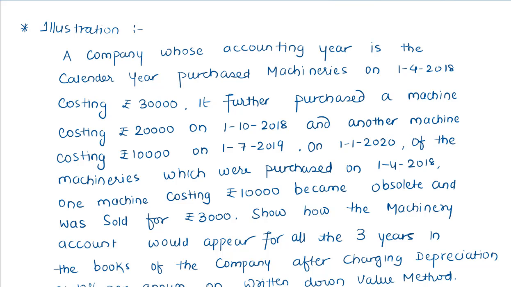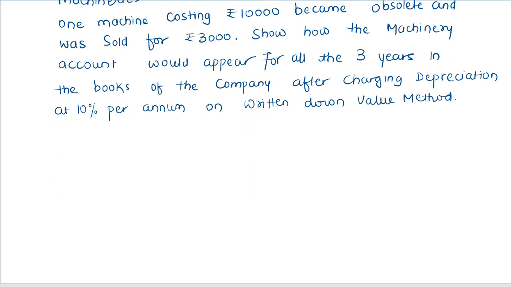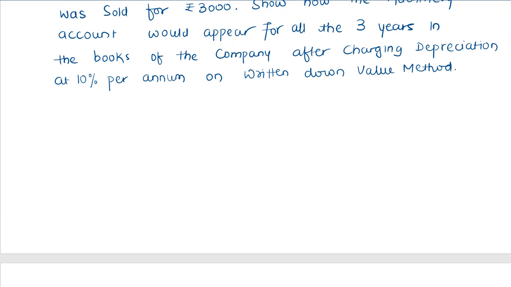Show the machinery account for all the 3 years after charging depreciation at 10% per annum on written down value method. I believe you understood the question. Let us try to do the solution.